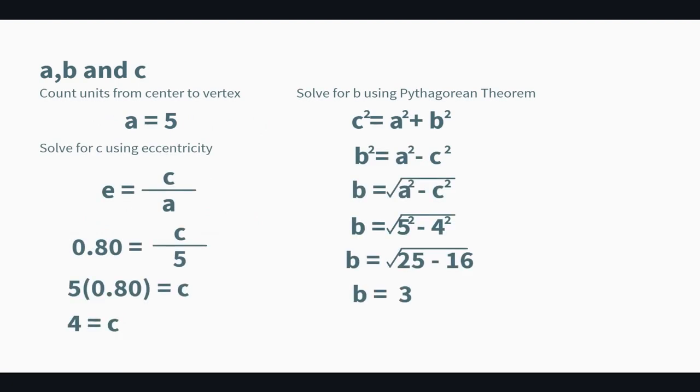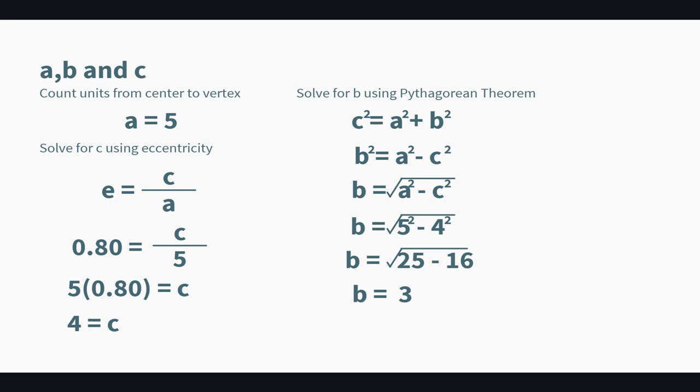Now, to get the values of A, B, and C. The values of A, B, and C are essential to get the following, for example, the foci, latera recta, vertices, co-vertices, and etc. So to start, I got the value of A from counting the units from center to vertex.